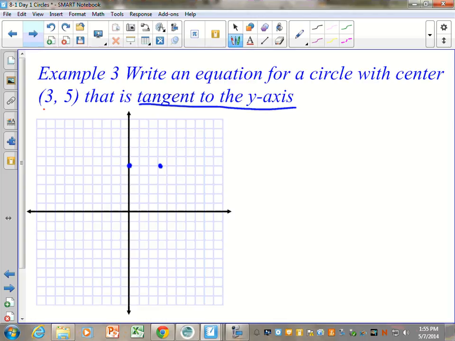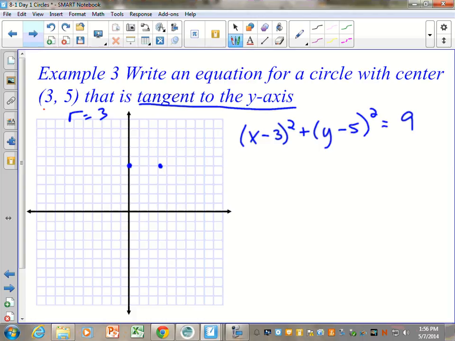If the radius was more than 3, it would touch the y-axis two times, and that's not tangent anymore. If the radius was less than 3, it wouldn't touch it at all. So you really only need to know what tangent means to do a problem like this. I can say the radius is 3, and then write my equation: (x minus 3) squared plus (y minus 5) squared equals 3 squared, which is 9. That's the answer. It's just knowing what tangent means. I think way back in geometry you learned that, but it's been a while.